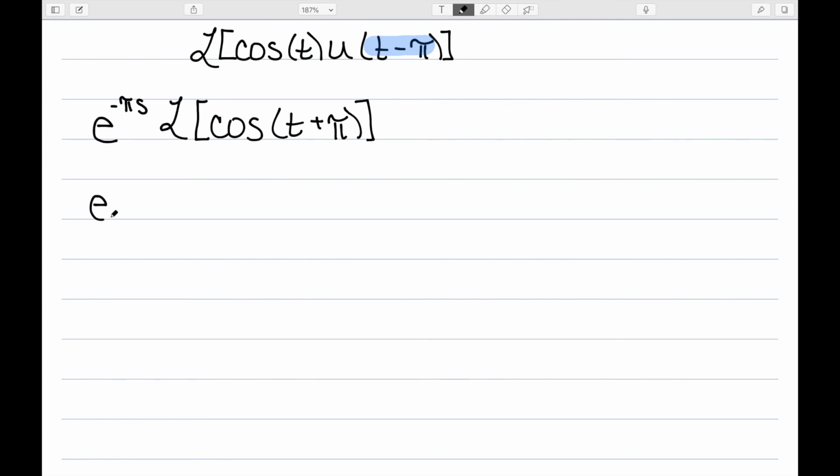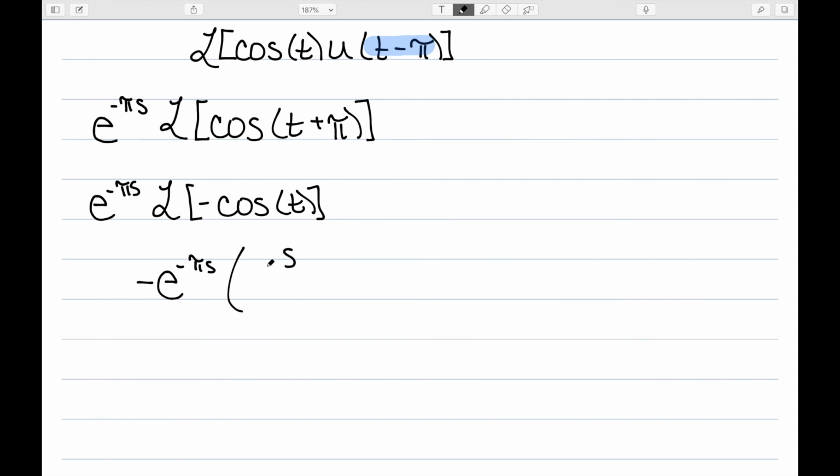And cosine of t plus pi is the same thing as negative cosine t. So we would have negative e to the minus pi s times the transform of cosine, which is s over s squared plus b squared. And in this case, b is 1. So here I have my transform.